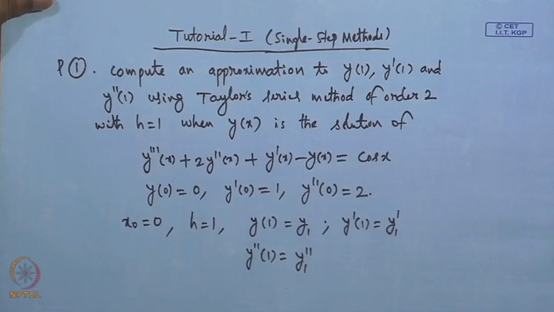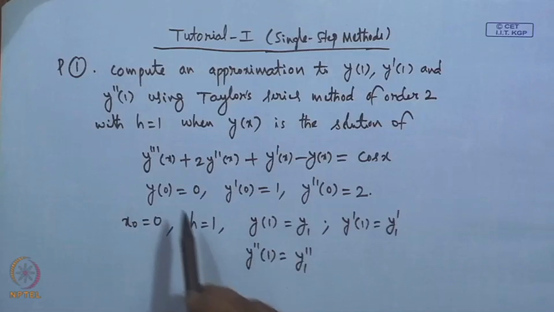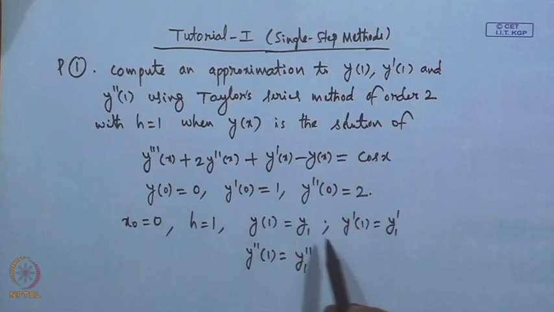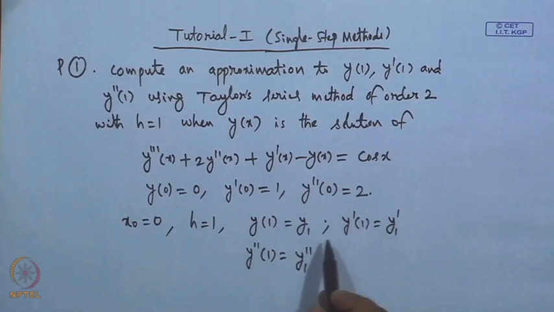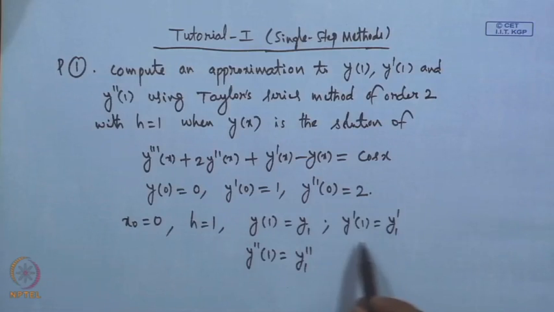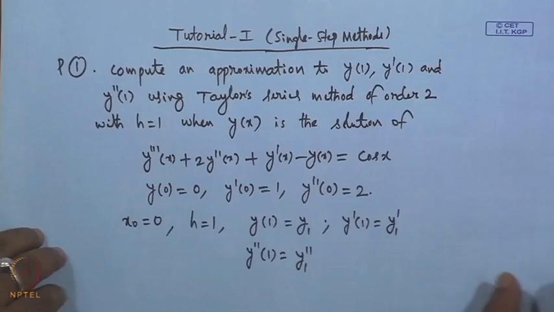These are to be computed using Taylor series. We know the usual Taylor series expansion for y of 1, but how do we compute y dash of 1 and y double dash of 1 along similar lines? Let us have a look at that.